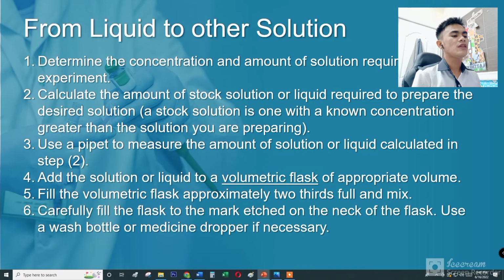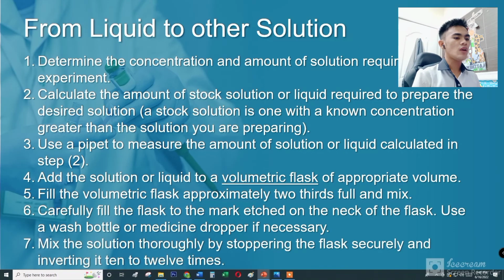Next, carefully fill the flask to the mark etched on the neck of the flask. Use a wash bottle or medicine dropper if necessary. And last, you are going to mix the solution thoroughly by stoppering the flask securely and inverting it 10 to 12 times.